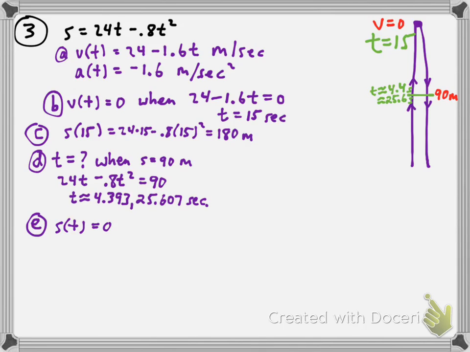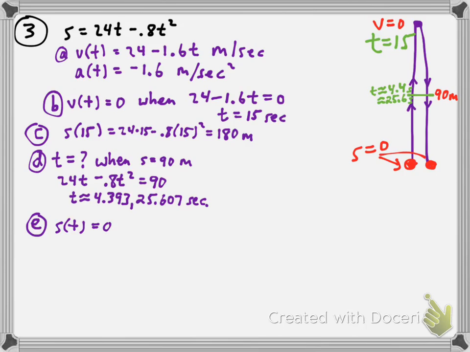But nevertheless, what we want is the time in which the position of the particle, in this case the rock, is equal to 0. Looking at the graph of this whole situation, S in this case represents the height of this rock at a certain time.